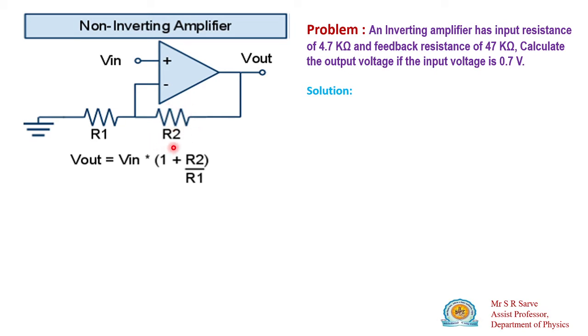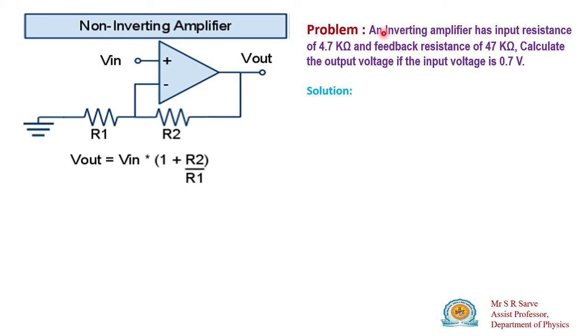So the feedback is resistance R2, the input resistance is R1, and the output is equal to the input times in brackets 1 plus R2 divided by R1, or you can take RF divided by R1, because R2 is nothing but the feedback resistance.